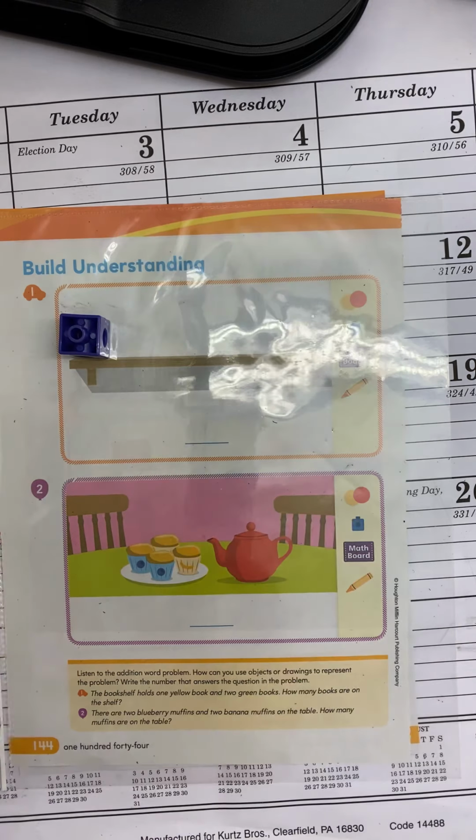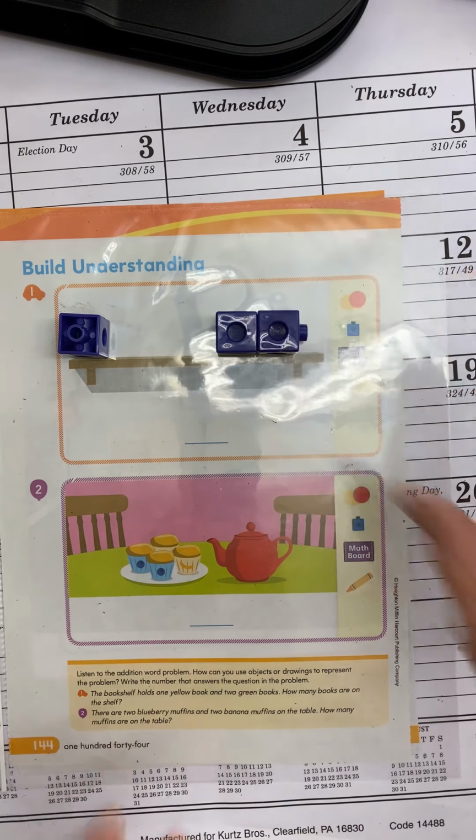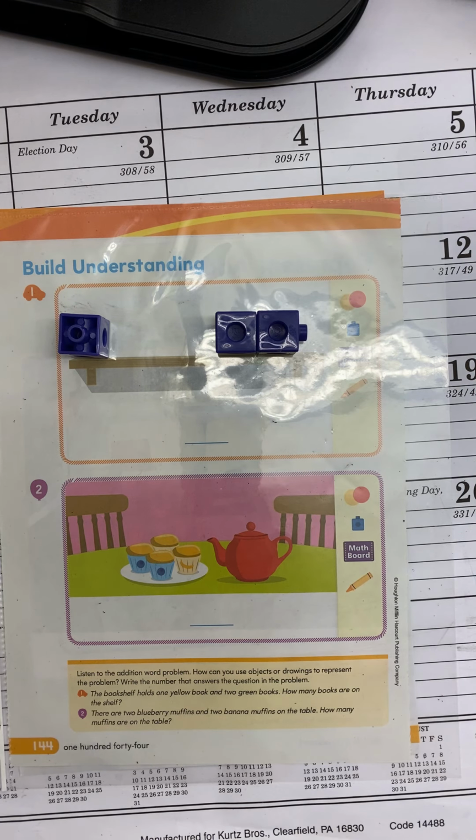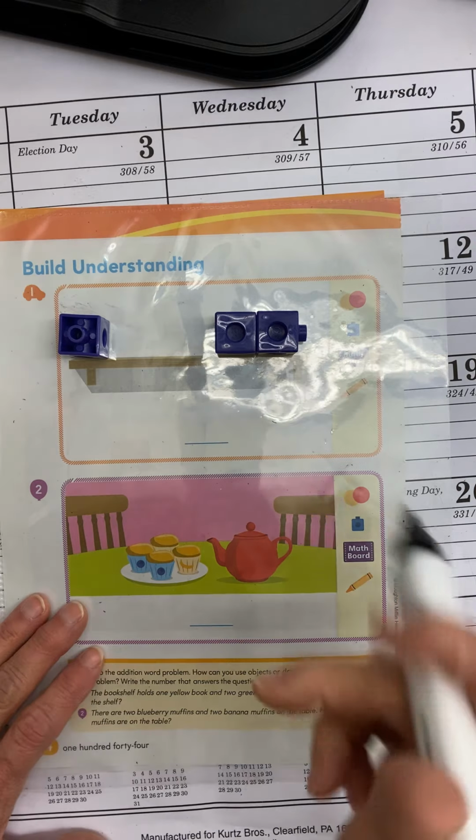1 yellow book and 2 green books. We'll put those over here. Pretend they're green. The bookshelf holds 1 yellow book and 2 green books. How many books are on the shelf? Good. Let's write that number.